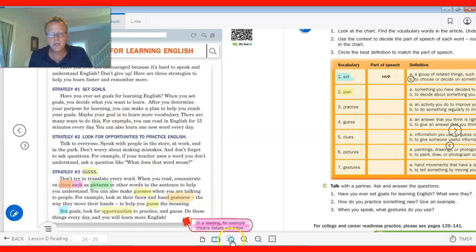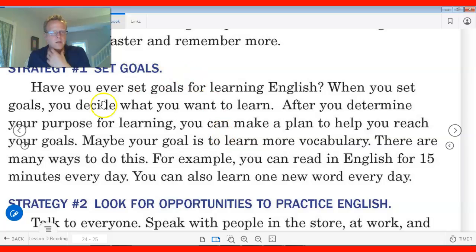Let me zoom in on this just for a second. It says, "There are many ways to do this." Let's back up a little. "Maybe your goal is to learn more vocabulary." It's talking about setting goals. "Maybe your goal is to learn more vocabulary. There are many ways to do this.